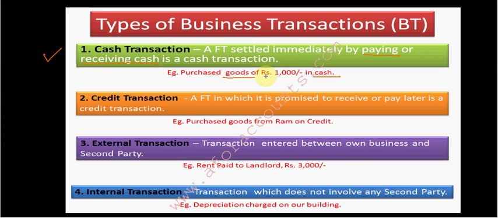So a cash transaction is settled immediately because of payment or receiving of cash. There is no need to remember the name of parties, because even if it was said that goods of rupees 1000 were purchased in cash from Ram, I would not have remembered the name of Ram for recording in my books of accounts, because what has come in is goods and what has gone out is cash.